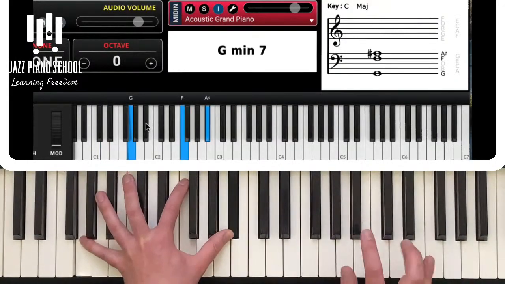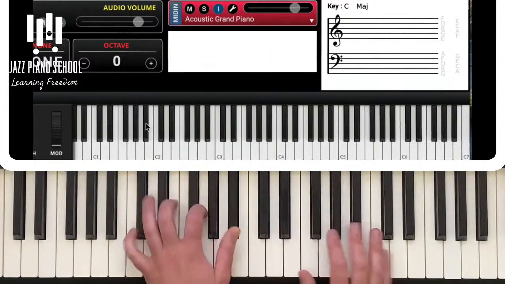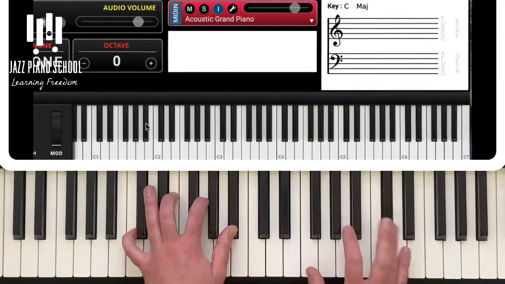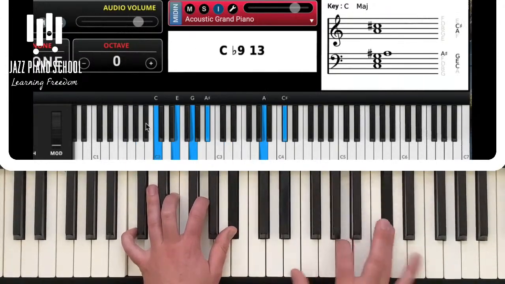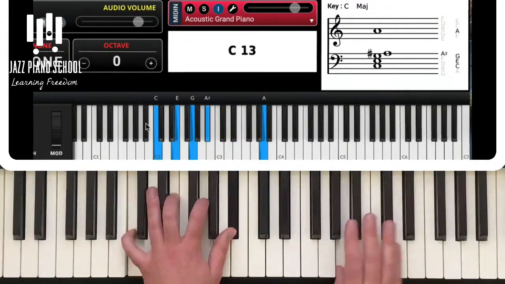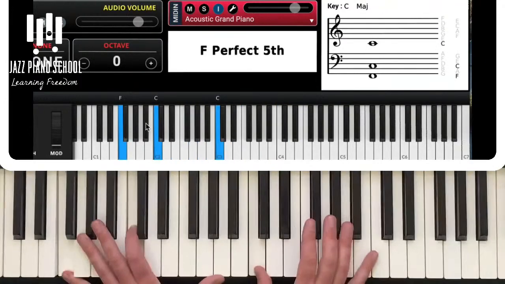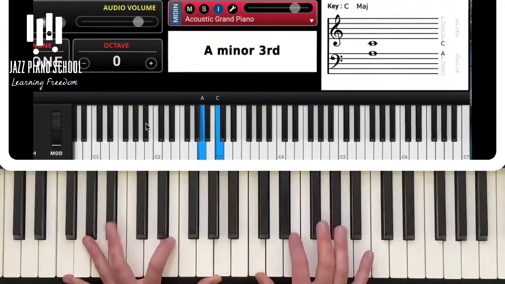You want to add spice, flavor, right? You can do some slides. Resolve to that F major 7 or the E.